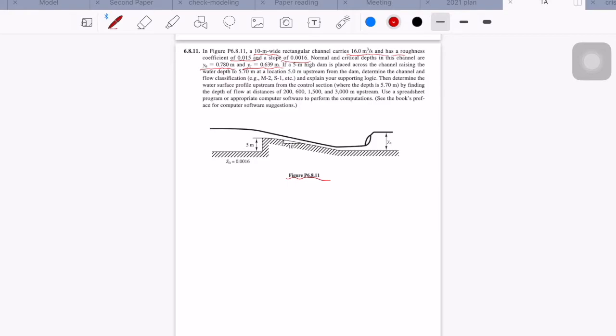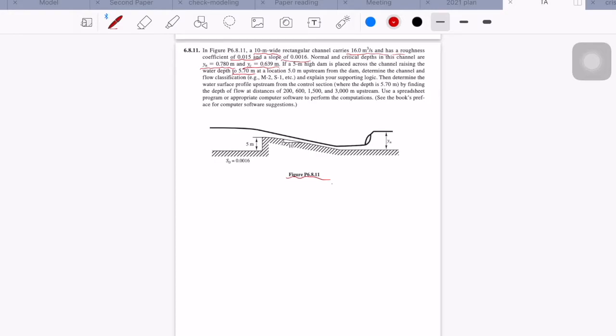If a 5-meter high dam is placed across the channel, raising the water depth to 5.7 meters at a location 5 meters upstream from the dam, we need to determine the channel and the flow classification and explain your supporting logic. And then we need to determine the water surface profile upstream from the control section by finding the depth of flow at distances of 200, 600, 1500, and 3000 meters upstream.